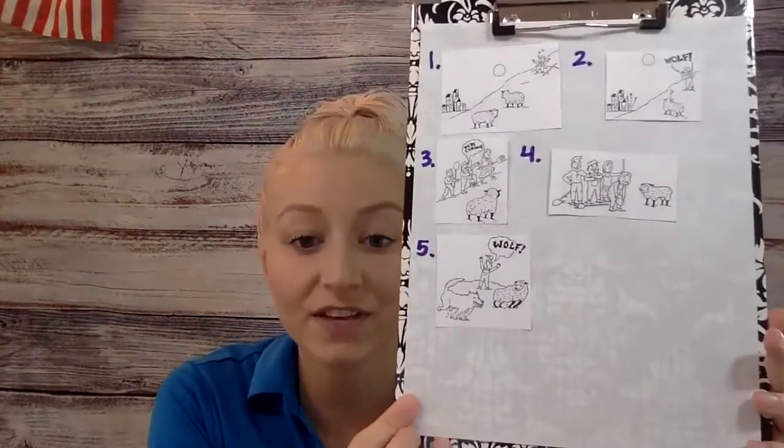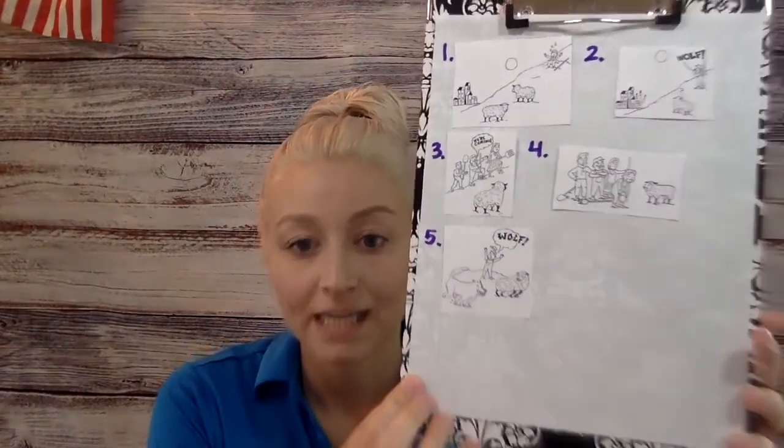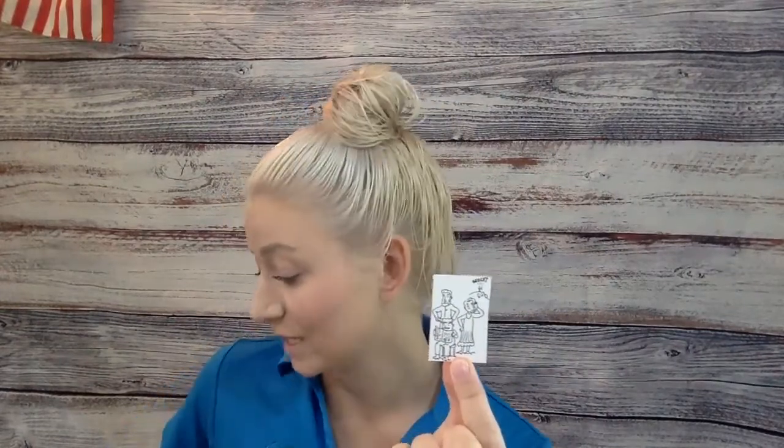So that's what happens 5th in the story. And then whenever he cries wolf, does anybody show up? Nope, they didn't. They thought he was playing another mean joke. So we'll see what happens last. We'll put this for number 6.